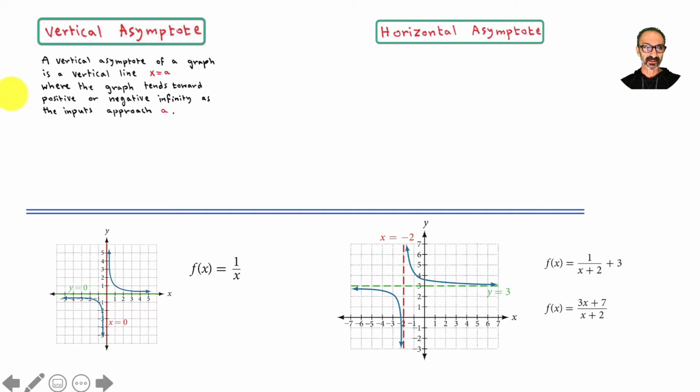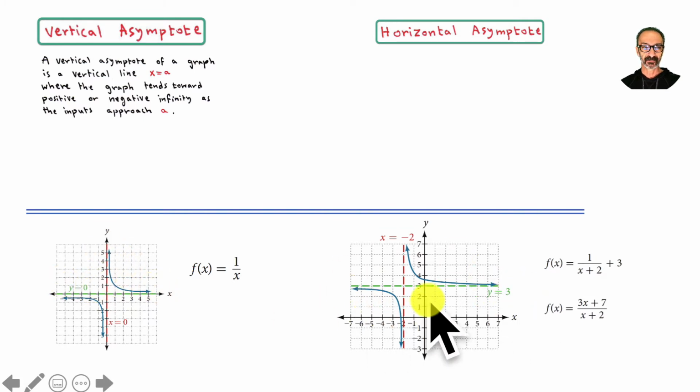Looking at the vertical asymptote, a vertical asymptote of a graph is a vertical line x equals a, in this case x equals 0, right there, where the graph tends toward positive or negative infinity as the input approaches a, which is 0.